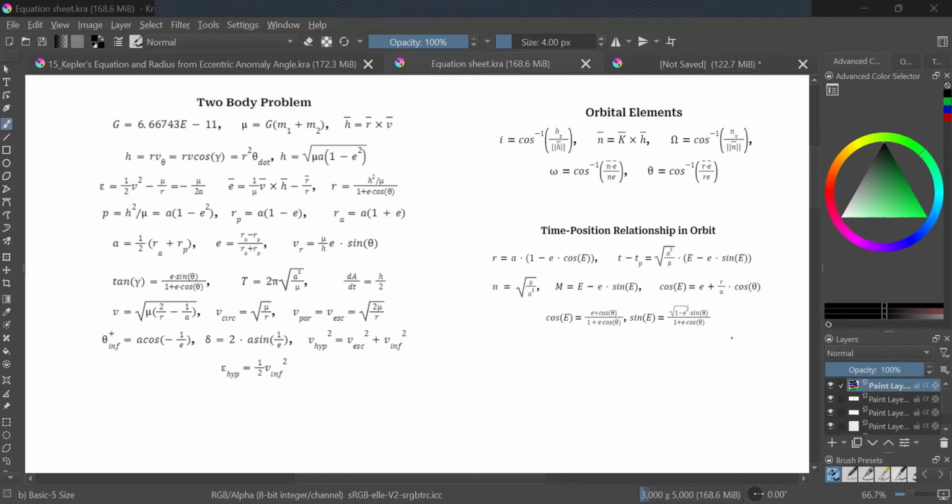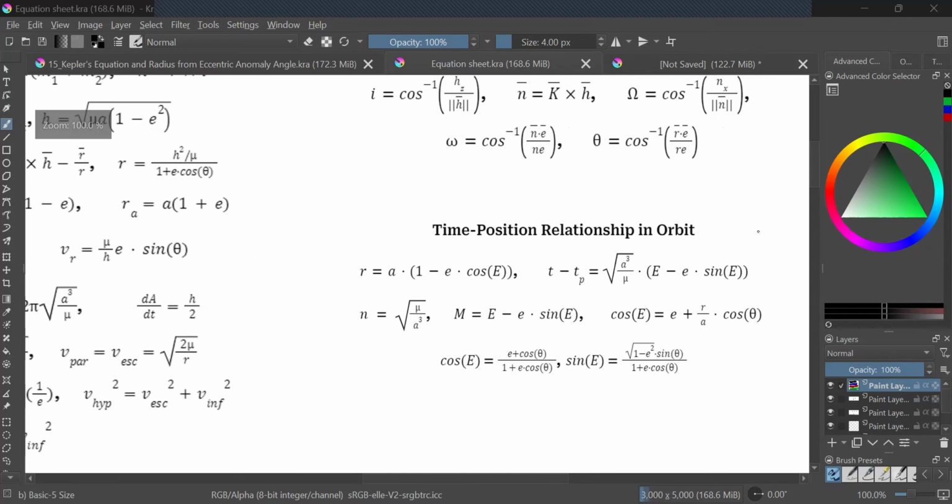So let's zoom in to the time position relationship and orbit equations we have here. We can see that we now have two new ones to play with. And this is actually going to be the jumping off point for the beginning of this episode, because we have equations to convert from theta to eccentric anomaly angle, where we can then do all of our fancy time calculations.